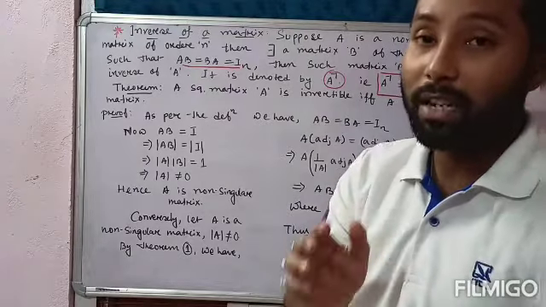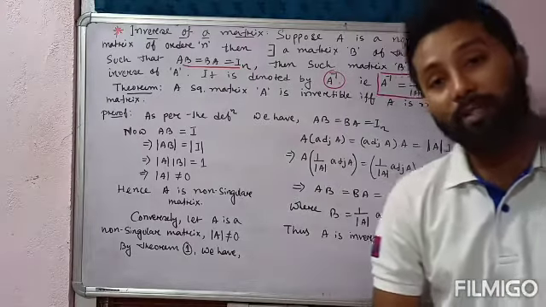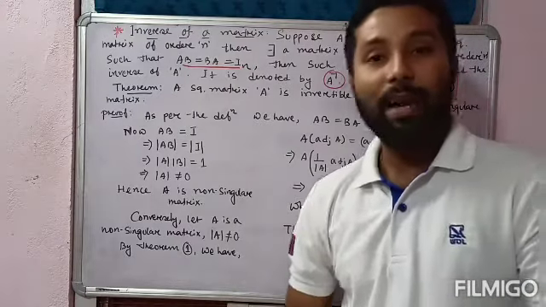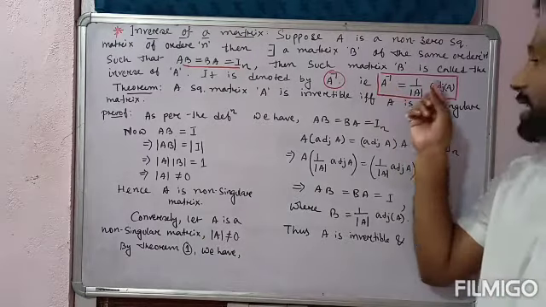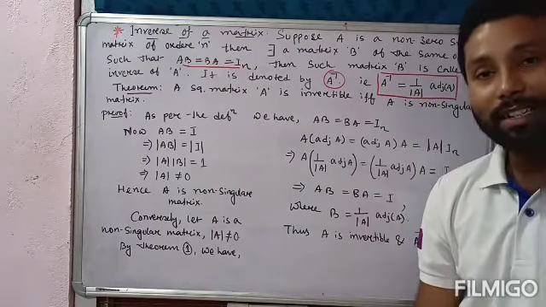That is why I first discussed singular, non-singular and adjoint of a matrix. If you don't have any idea about adjoint of a matrix, then how can we calculate the inverse? Because to calculate the inverse, we must first know the adjoint, right?